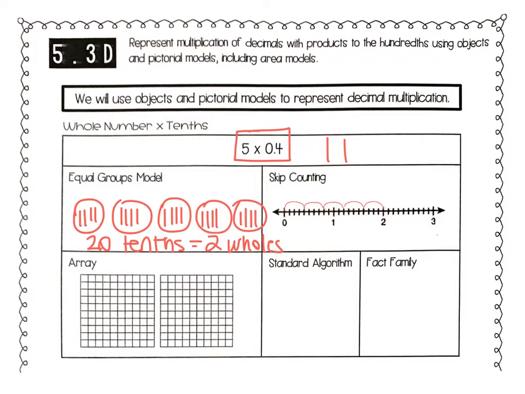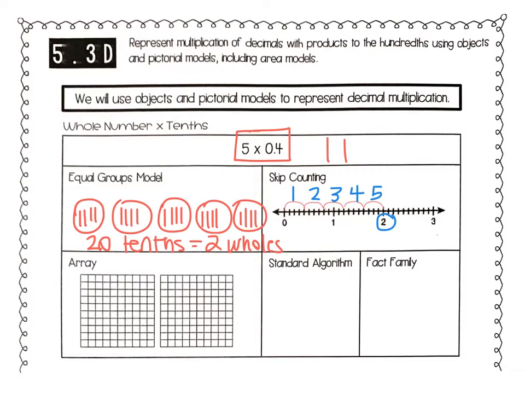Looking at this number line, I hopped 4 tenths: 1, 2, 3, 4 tenths. And each time was 4 tenths. And I hopped 1, 2, 3, 4, 5 times. So 5 times, and each hop was 4 tenths.